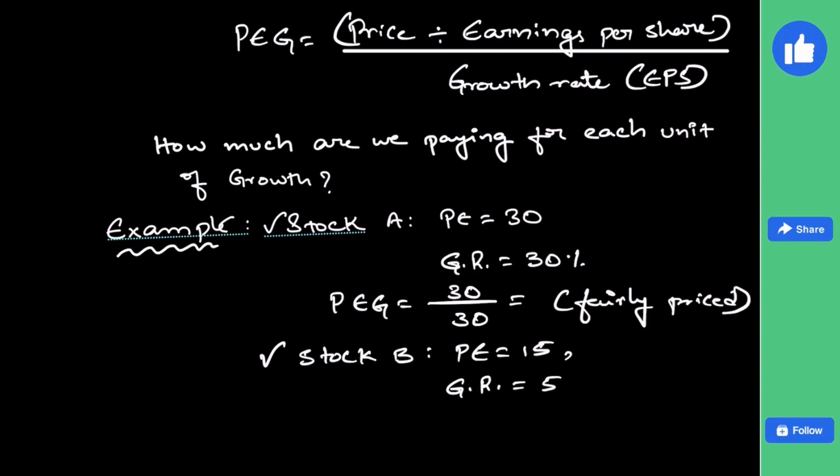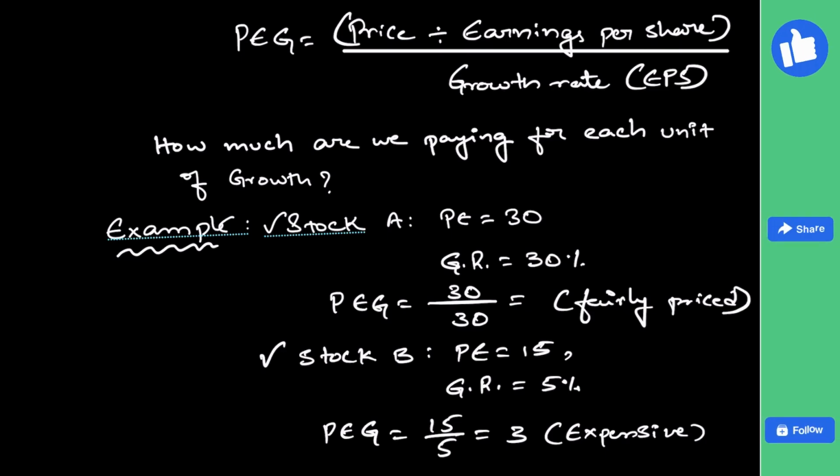Assume the expected EPS growth rate is 5%. Then PEG is equal to 15 divided by 5, that is equal to 3, which is expensive. We say the stock is trading expensive and generally we avoid it.